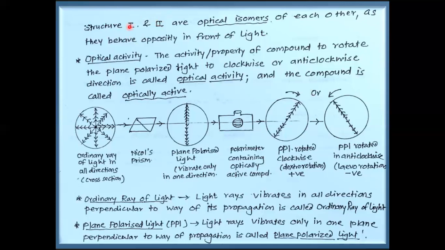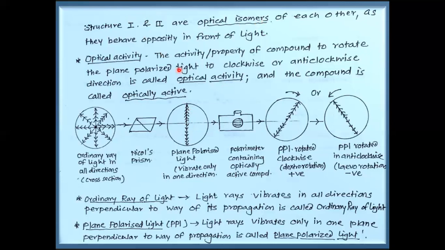Their molecular formula is the same, their structural arrangement is different in space, and in their direction of rotation of plane polarized light, one rotates PPL clockwise and the other rotates PPL anti-clockwise. So they are called optical isomers of each other.